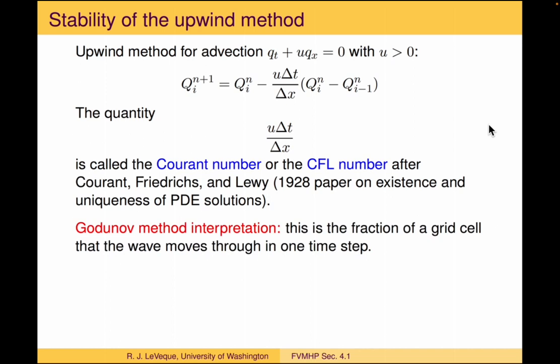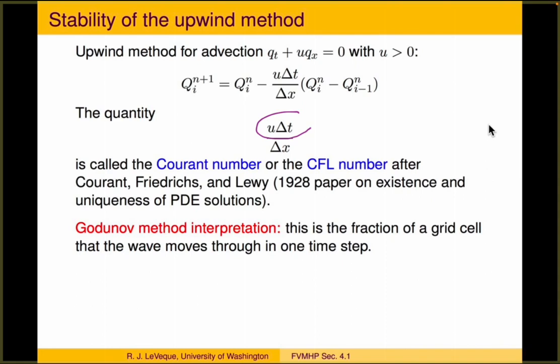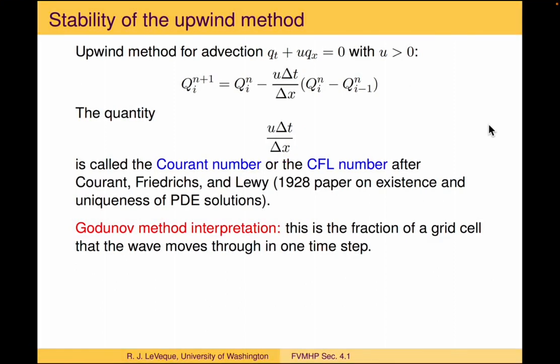If we think about the upwind method in the interpretation of Godunov's method that we've looked at as a finite volume method, then if we think of it in terms of waves propagating into a cell, then remember that in a single time step, u delta t is the distance that a wave propagates from the interface into a grid cell. And if the denominator here, delta x, is the width of the grid cell, then this ratio, u delta t over delta x, tells you the fraction of a grid cell that the wave is moving through in a single step.